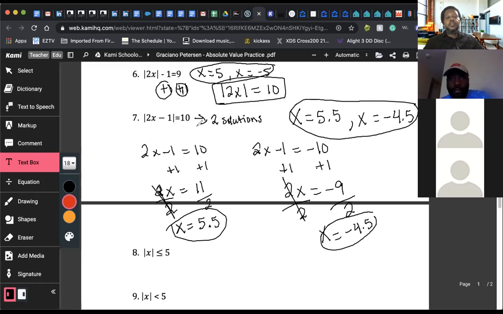All right, so these are equations, and none of those rules change when we switch to inequalities. The rules stay the same when we switch to inequalities, okay? It's all the same. So we're going to look at the inequalities next.